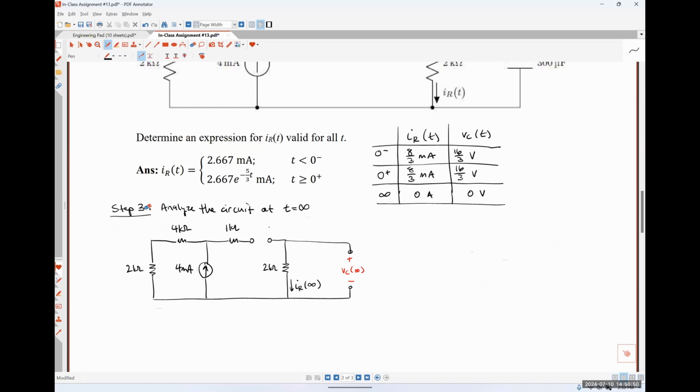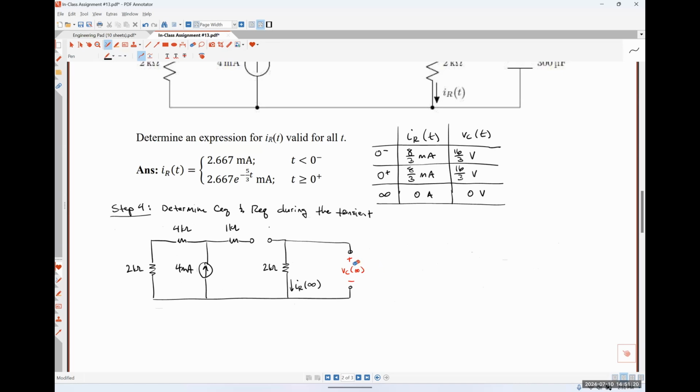All right. So our fourth step, actually, I can leave that there for now as well. So our fourth step is going to be to determine CEQ and REQ during the transient.